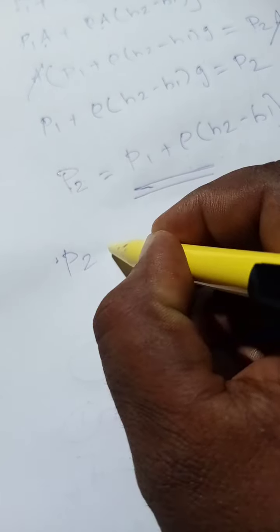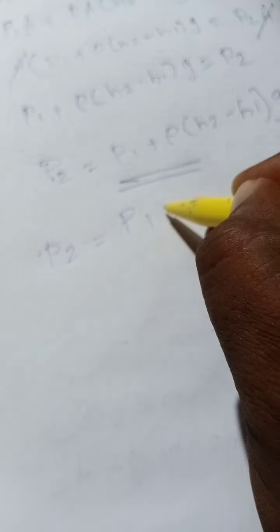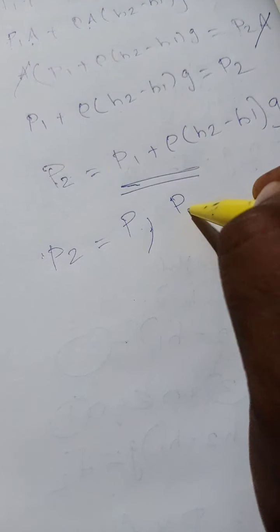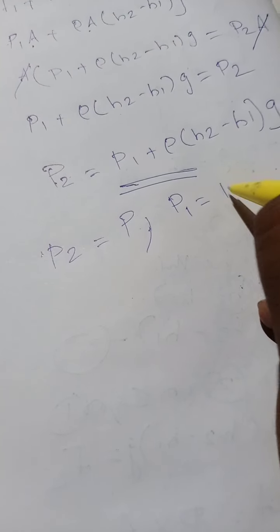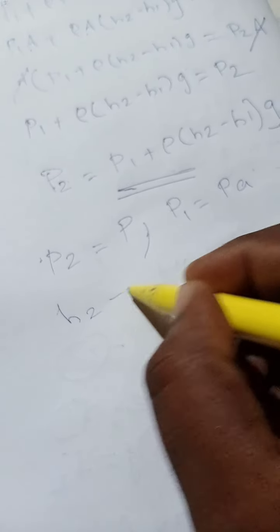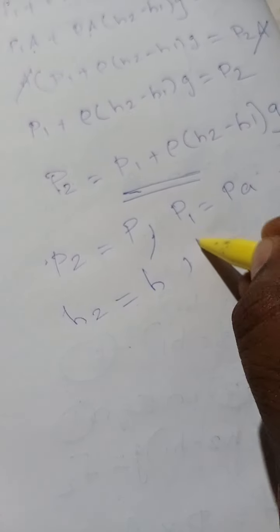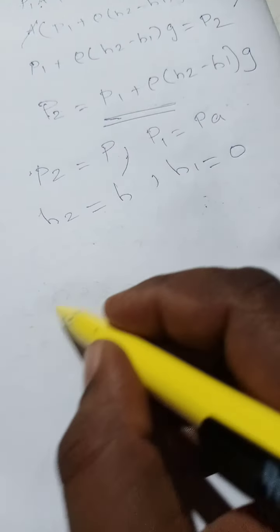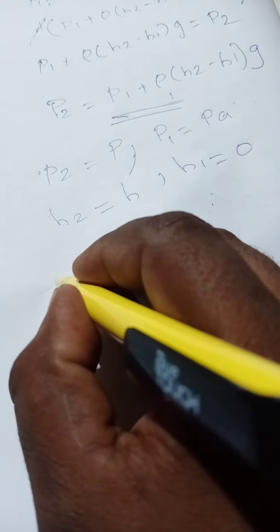So assume that P2 is equal to P, P1 is equal to atmospheric pressure PA, H2 is equal to H, and H1 is equal to 0. Now you can substitute all these in this equation. So what will you get?